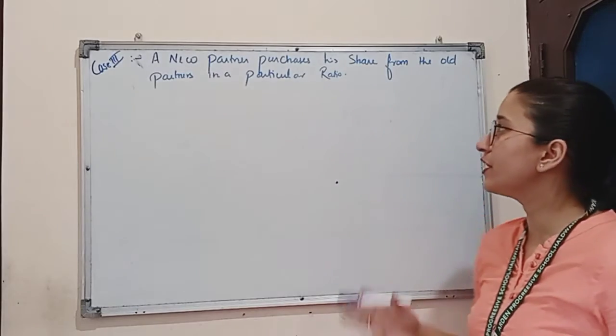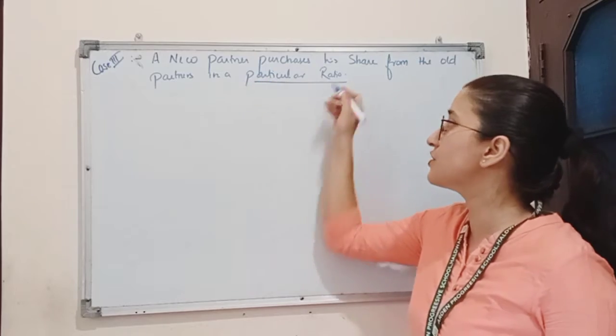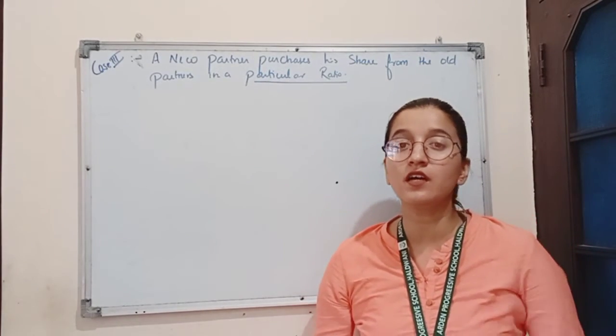So the third case is when a new partner purchases his share from the old partners in a particular ratio. That ratio will be given in the question.